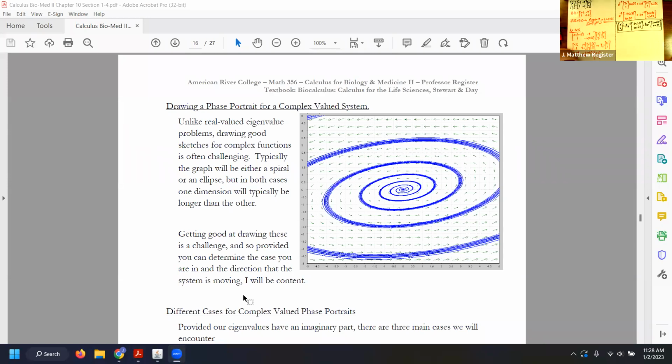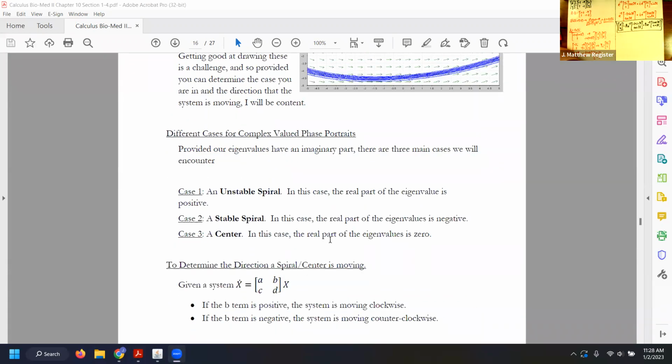I'm not looking for perfect graphs on these spirals because that can be difficult. You need to take into consideration the eigenvalues, the eigenvectors, as well as the null lines in order to get very good with these. And you also have to be able to consider the individual elements of your system. That said, here is how we can classify them.